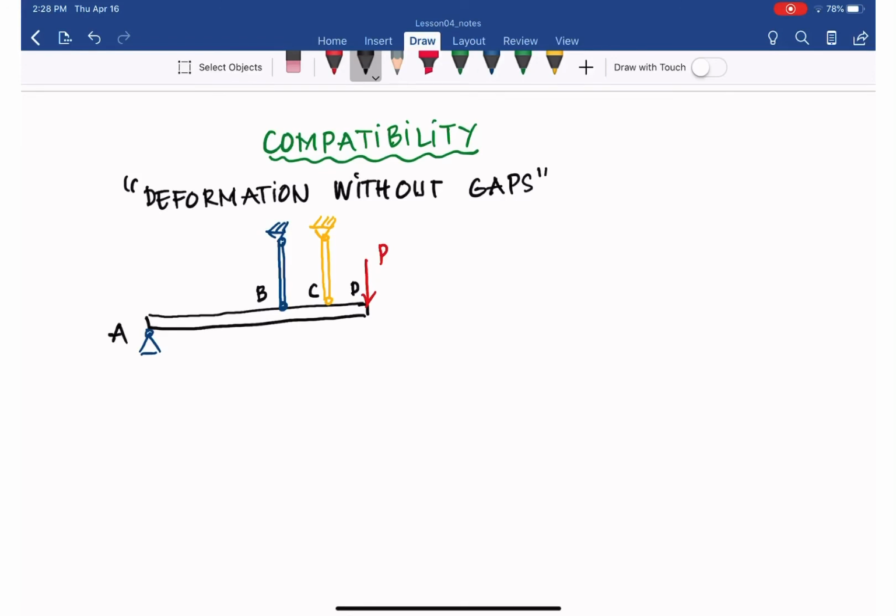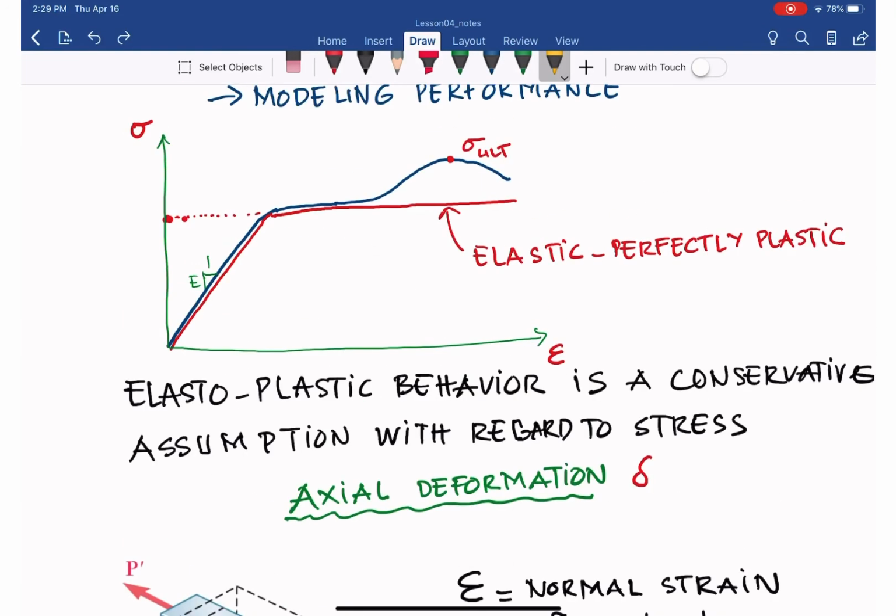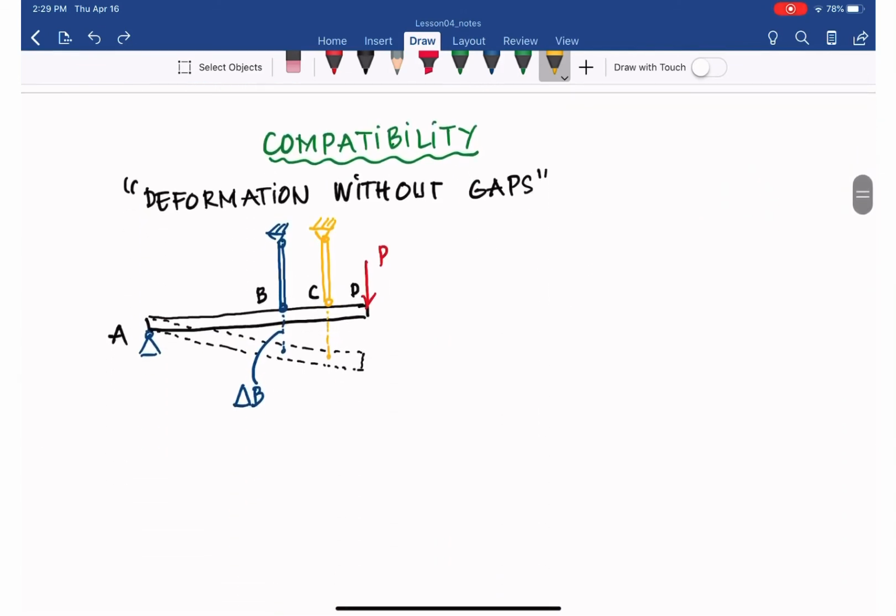And then when we apply the load P, you can see that the member ABCD will tend to deflect, tend to go down, and the change at point B here we call delta B, the deformation of the blue rubber band in the demonstration, and point C, now it goes to there, so that it will be delta C. So from that, we can draw the compatibility diagram.